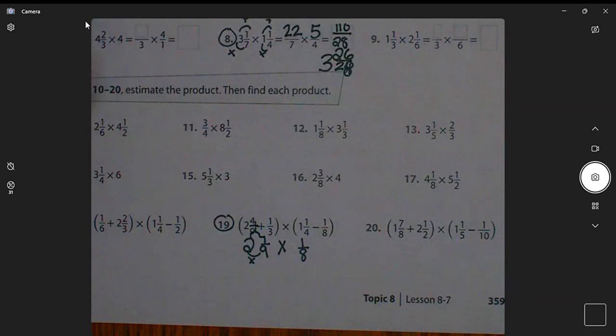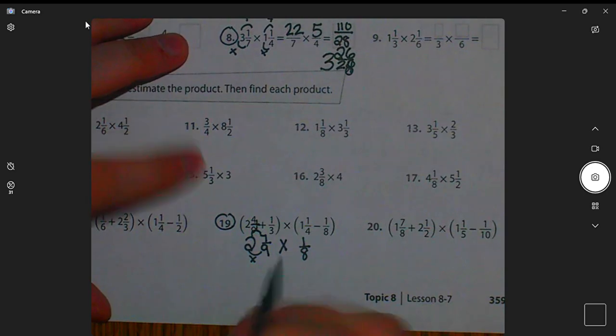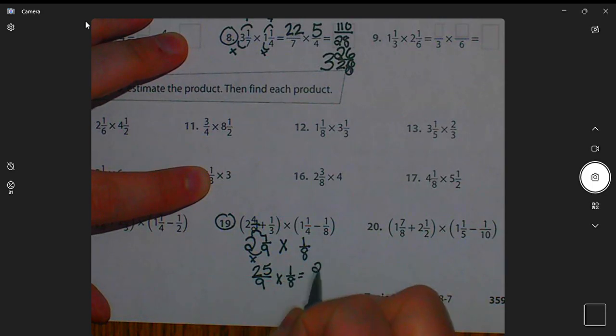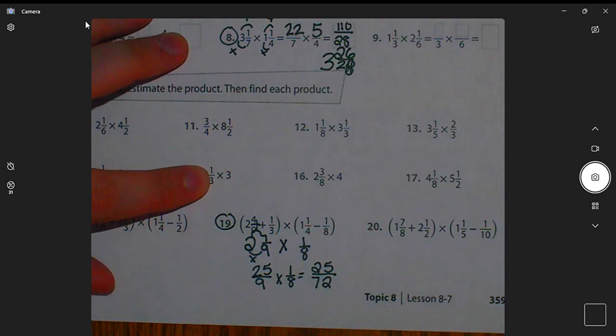Yeah, it's 18. 18 plus 7 is 25. Very good. 25/9 times 1/8 equals 25/72nds. And that's where I'm going to leave it.